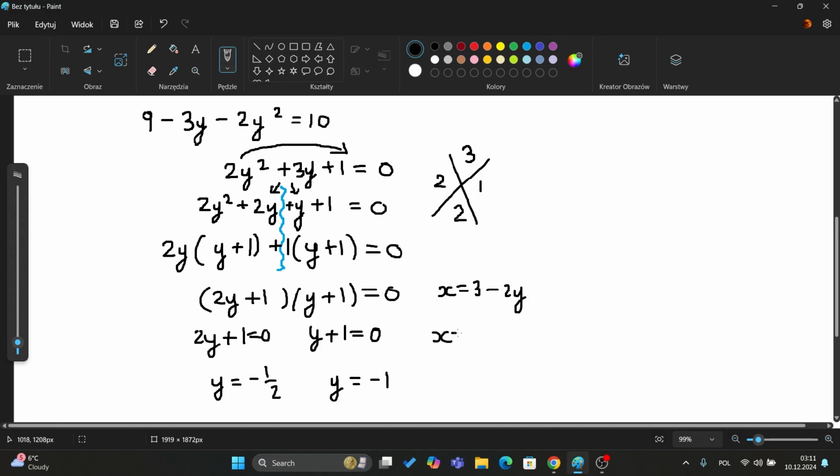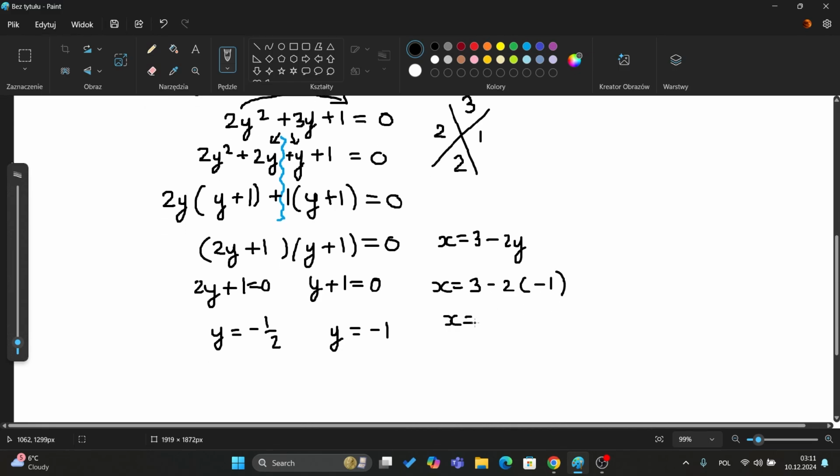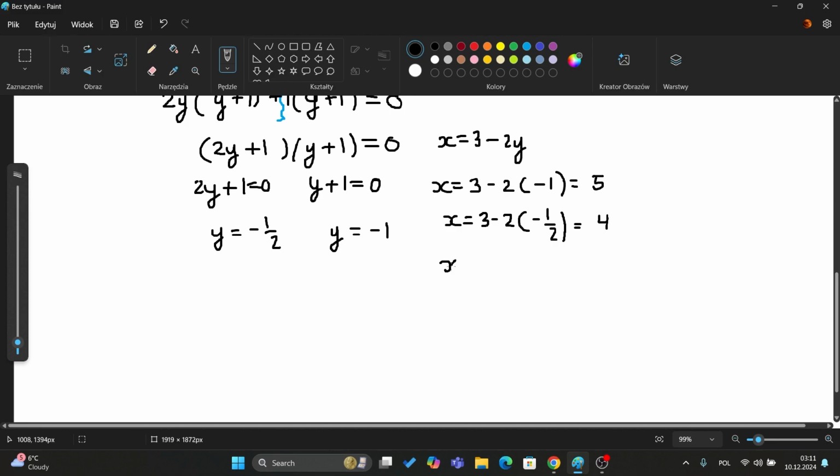So x is equal to 3 minus 2 times negative 1, and x is equal to 3 minus 2 times negative a half, and we get 5 and 4. So x equals 5 and x equals 4. So what we get is y equals minus a half, y equals minus 1, and x equals 5, and x equals 4.